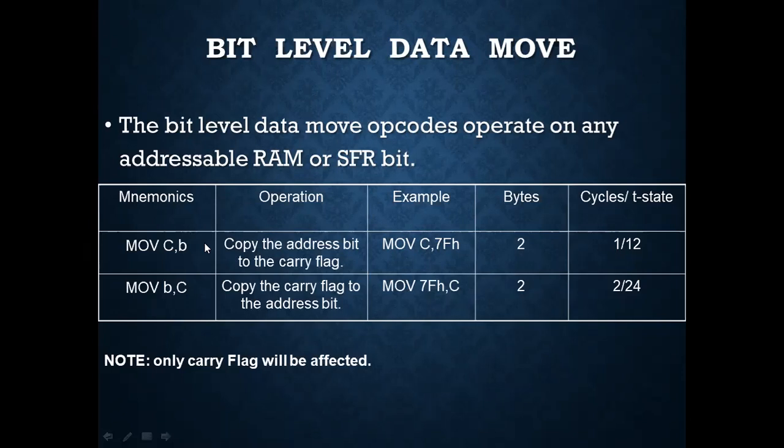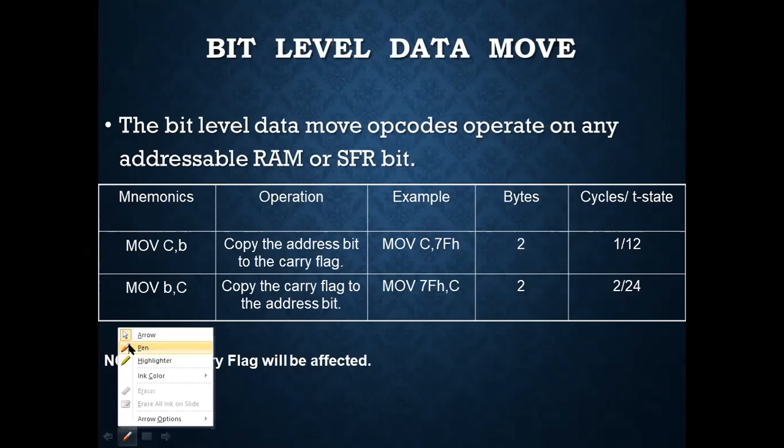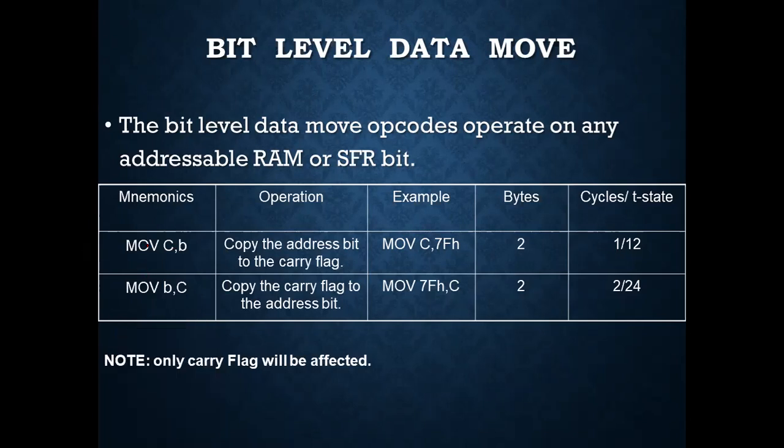Coming to the first instruction, MOV C, bit, that means copy the addressed bit to the carry flag. C is the carry flag. In the example it is written MOV C, 7FH. That means the 7F internal RAM location can store 1 bit of data. A single bit means either 0 or 1.